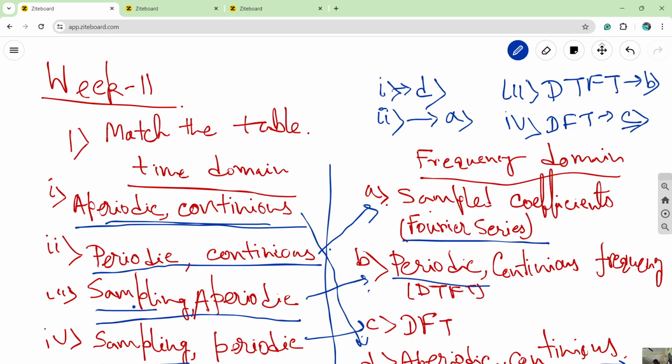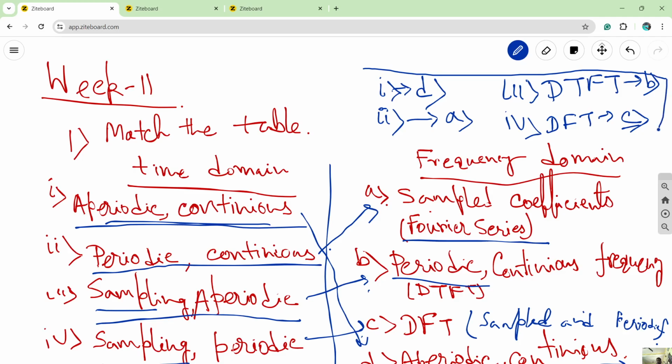And if it is sampled and periodic, then it is also sampled and periodic. So this is the relationship actually.